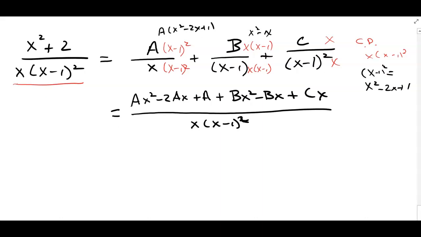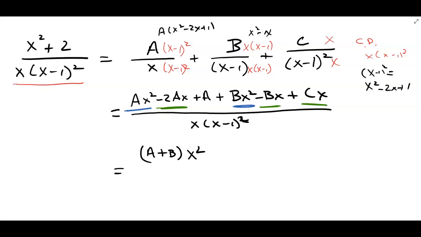All right? And you don't have to necessarily go through all these steps, but I'm going to show them to help you. So for my x squares, I have (a plus b) x squared, right? Because I have ax squared, and bx squared is going to be (a plus b) x squared. All right. For my x's, I have negative 2ax minus bx plus cx.